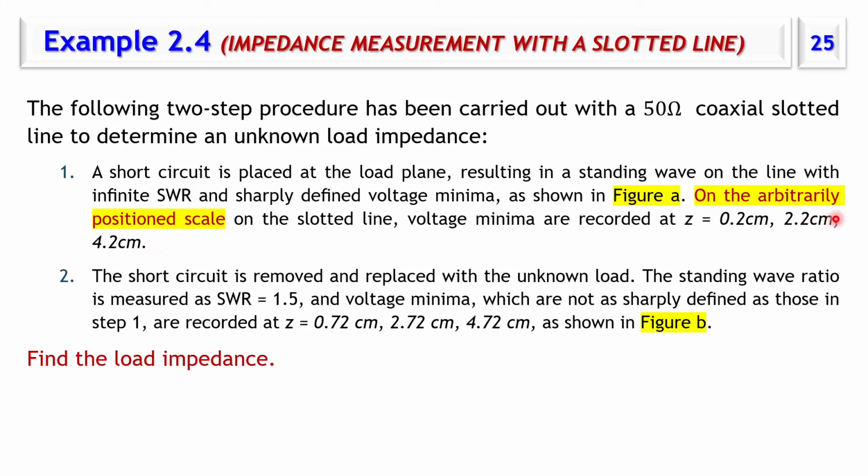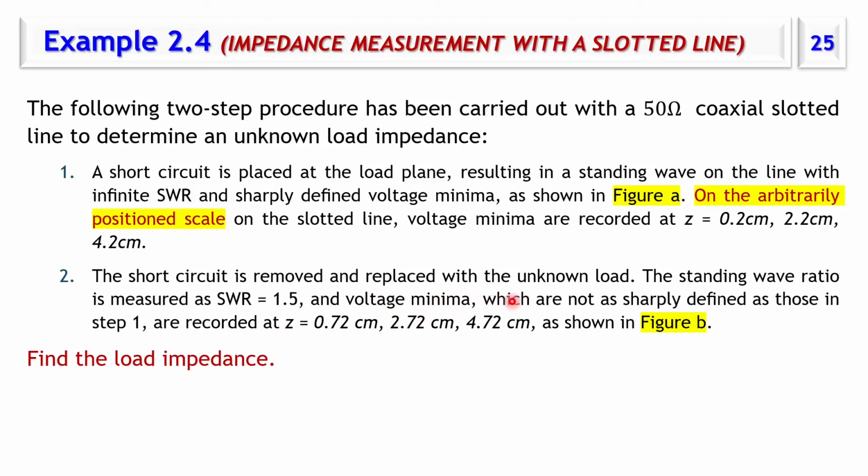So the separation from one minimum to the other is lambda by 2, so lambda by 2 equals 2 centimeters. Then we remove the short circuit and place the unknown load and measure the standing wave ratio, maximum to minimum. We found it to be 1.5.